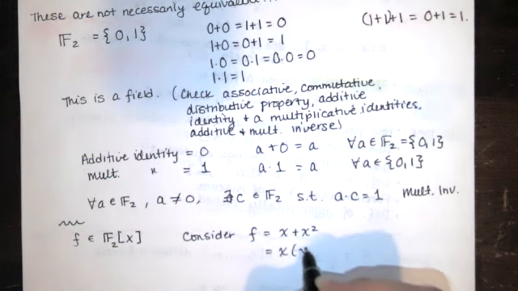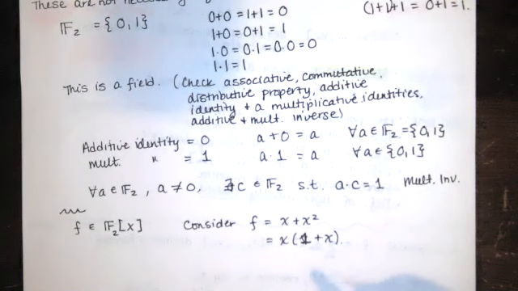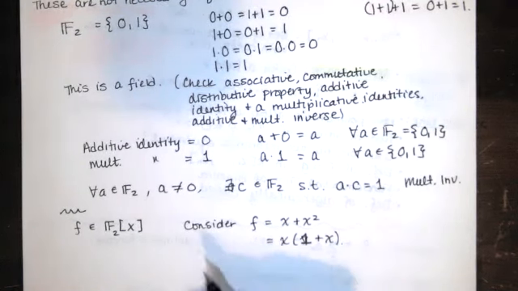And if you want, you could write that this way. This is the 0 function, but it's not the 0 polynomial.